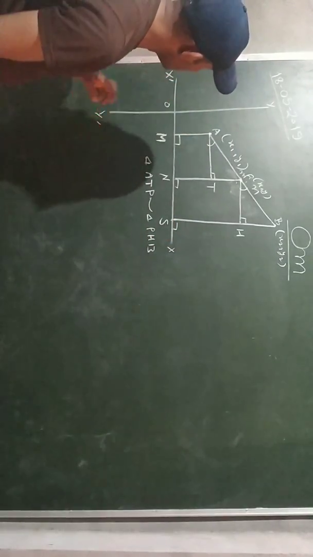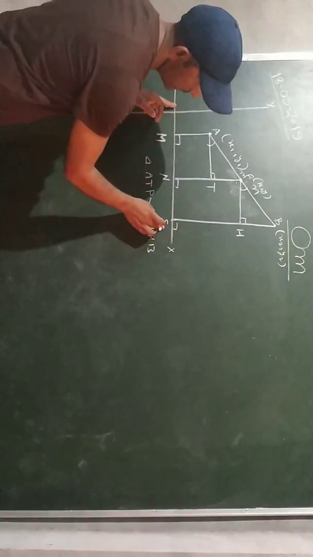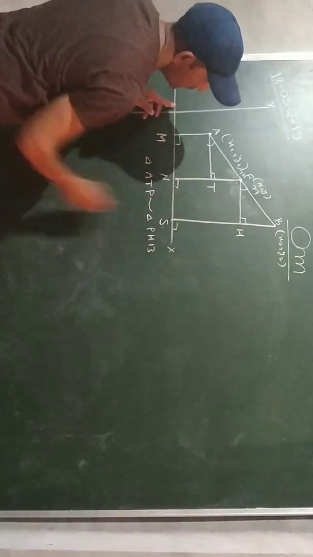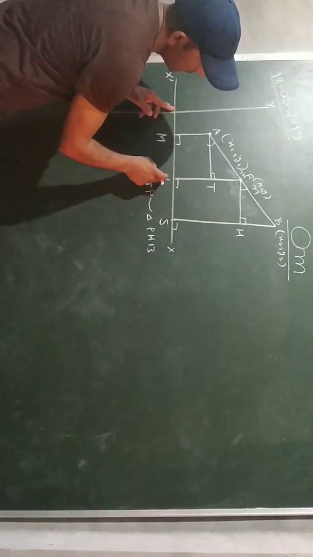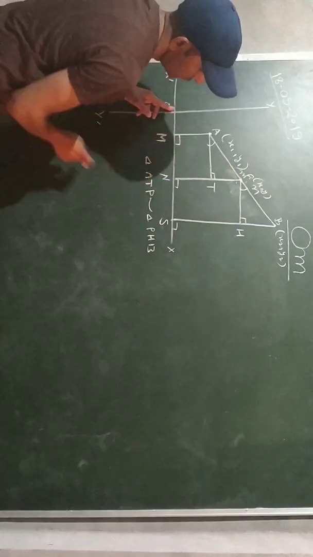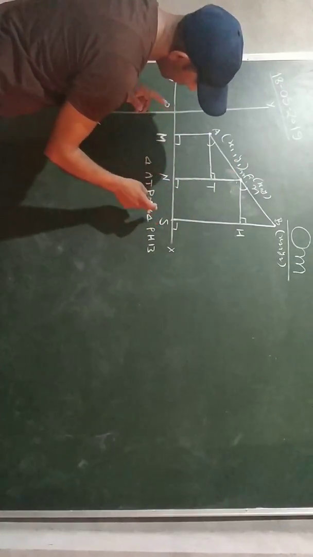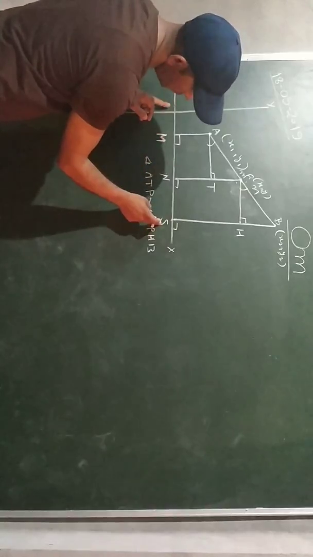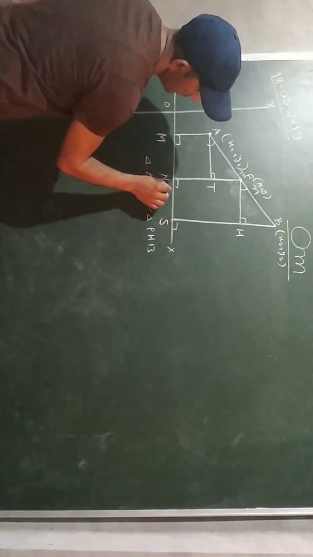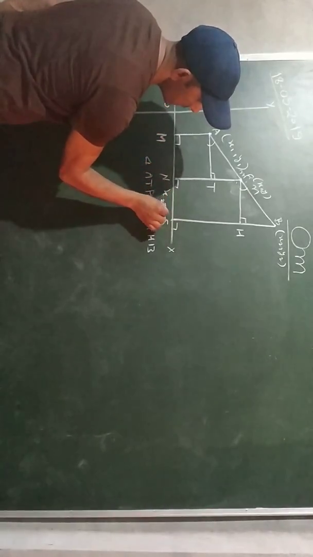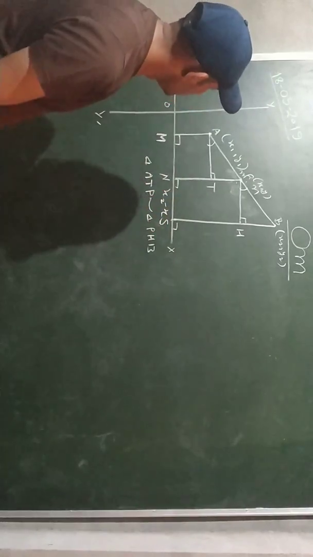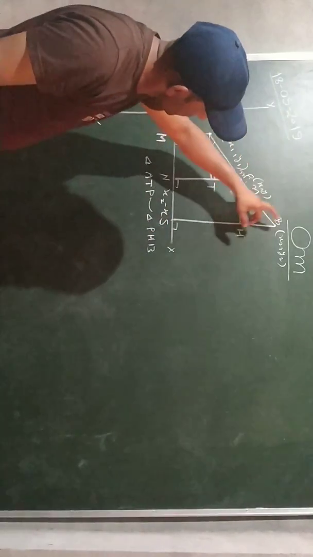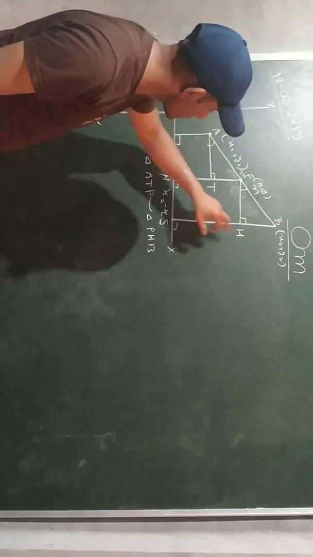Now what can you say about OS? OS is equal to x2. Similarly, ON is equal to x. So NS will be equal to OS minus ON, that is x2 minus x. What can you say about BS?